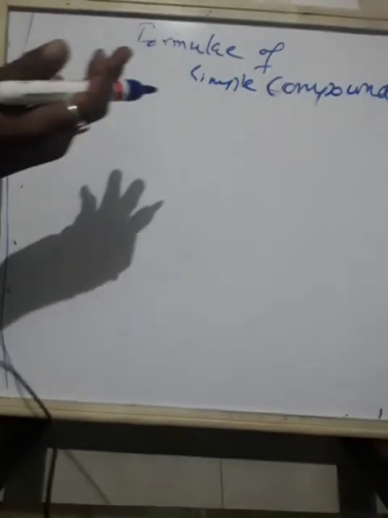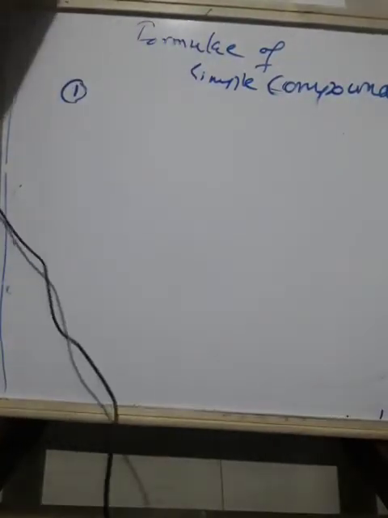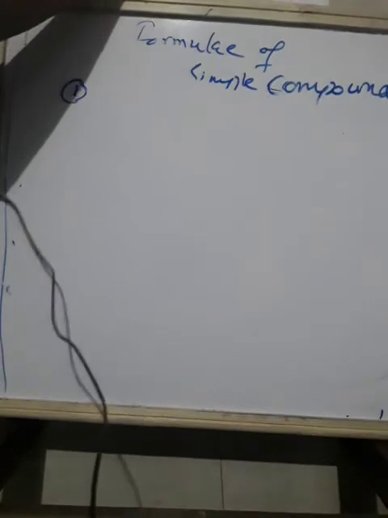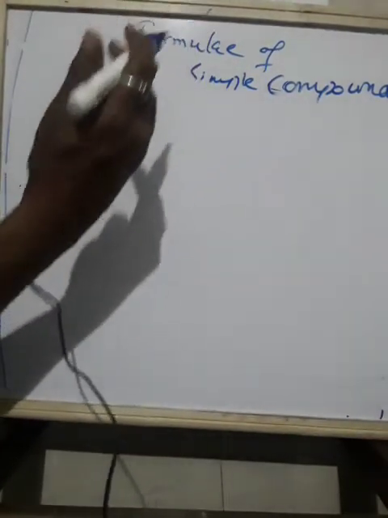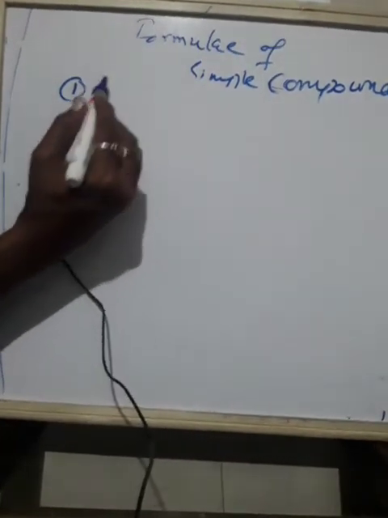Then we will solve some of the examples given here, like page number 39, blue question. Write down the chemical formula for sodium oxide.